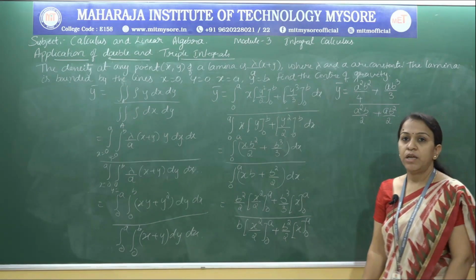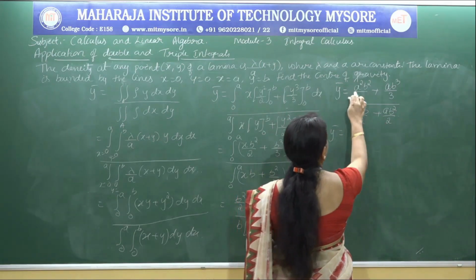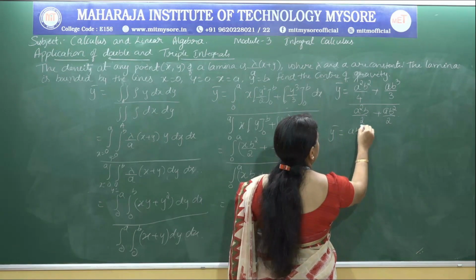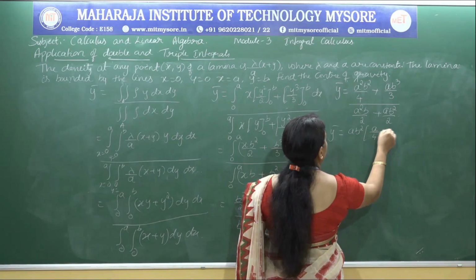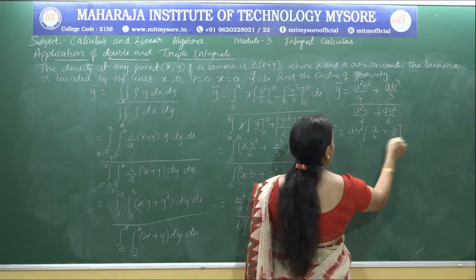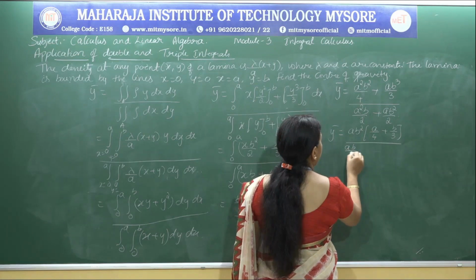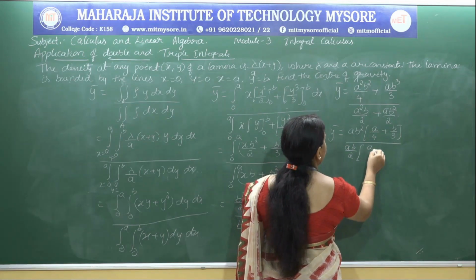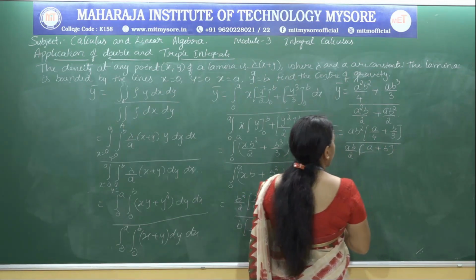So as we simplified in x bar, simplify here, that is y bar equal to, I can take out a b square common, so that remains with a by 4 plus b by 3, divided by, I can take out ab by 2 common, so that we remain with a plus b.